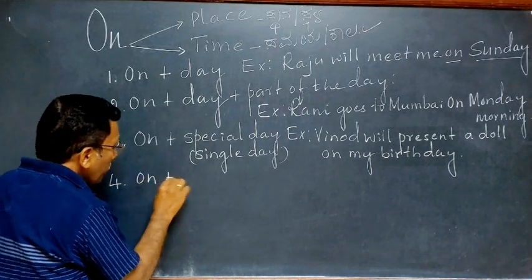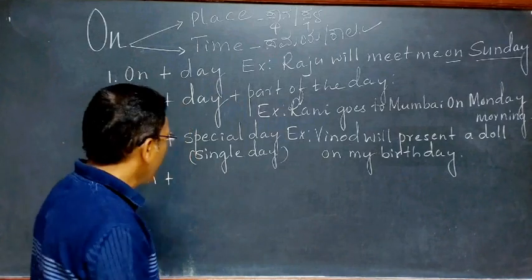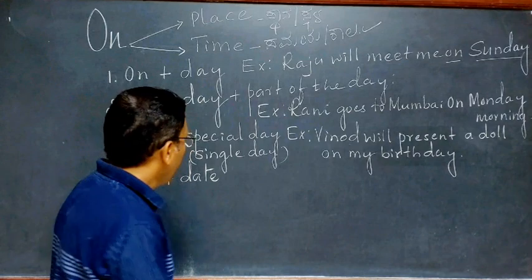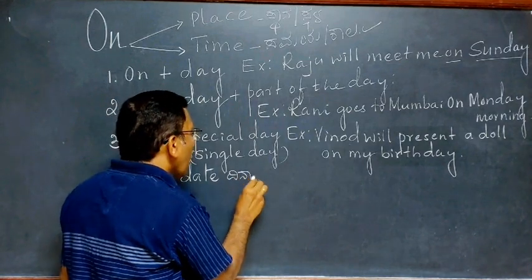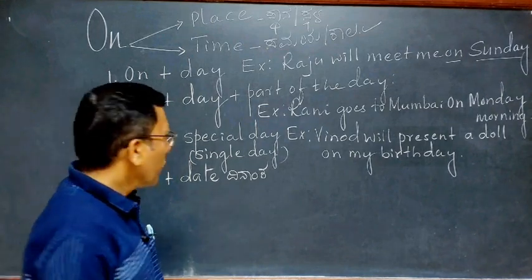On is used before date. Date means dinanka. On is used before date. Okay? Dinanka or tarik we say. Got it?